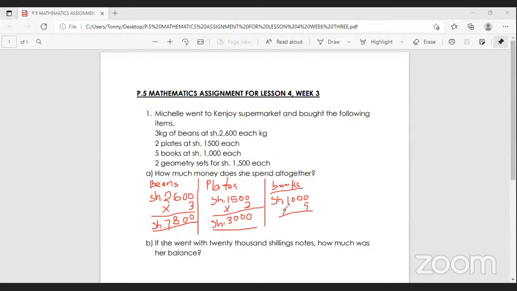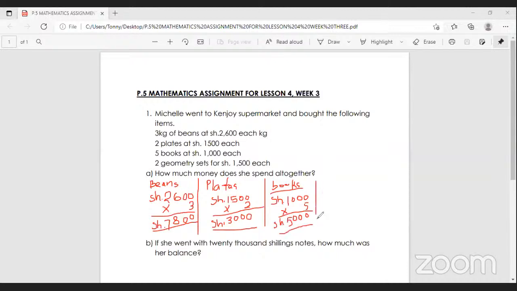Okay. 5 times 0 equals 0. Okay. 5 times 0 equals 0. Then 5 times 1 is 5. So the amount of money you have spent on books is also 5,000.